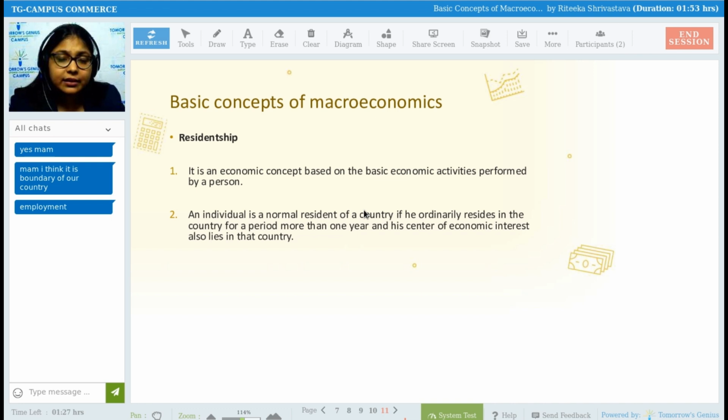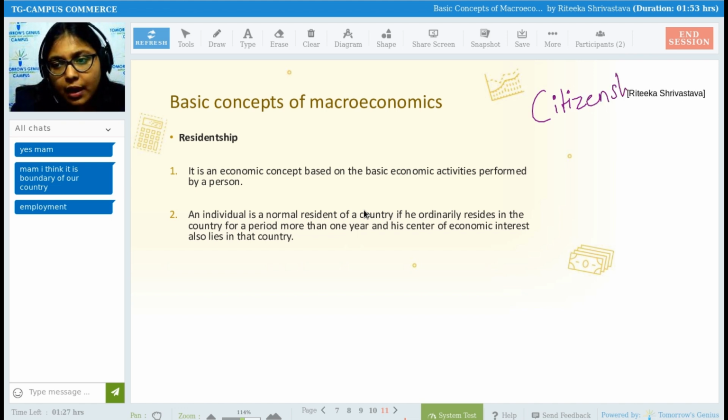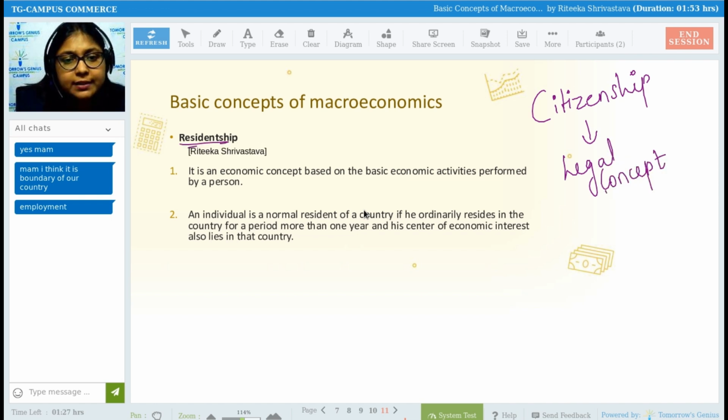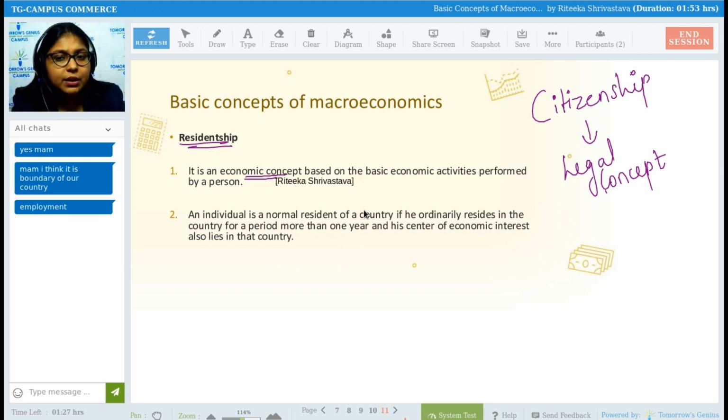When we studied citizenship, I said it is a legal concept. But when we study residentship, it is an economic concept based on the basic economic activities performed by a person.